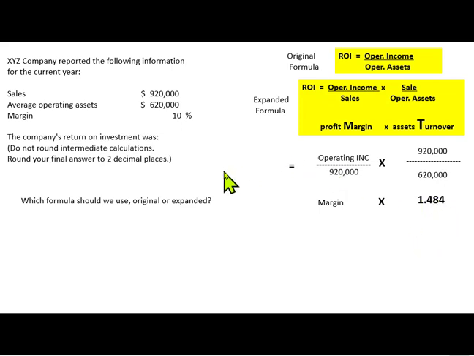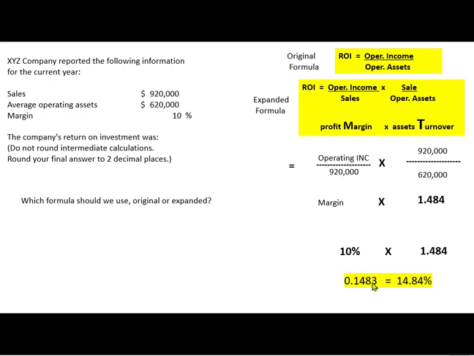So we can say the return on investment is equal to the margin, or profit margin, however you want to say. I'm just saying margin here because I don't want to confuse you with what they have over here. Margin times 1.484. And the margin was 10%, the margin that was given to us. 10% times 1.484 is equal to 0.1483.